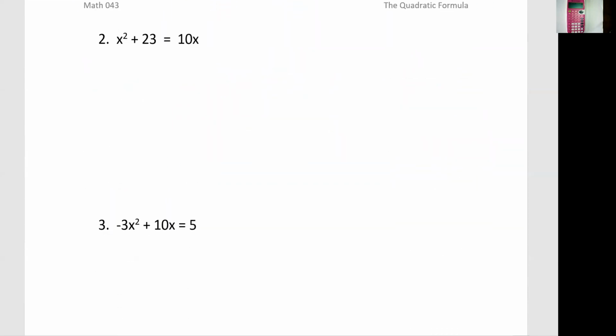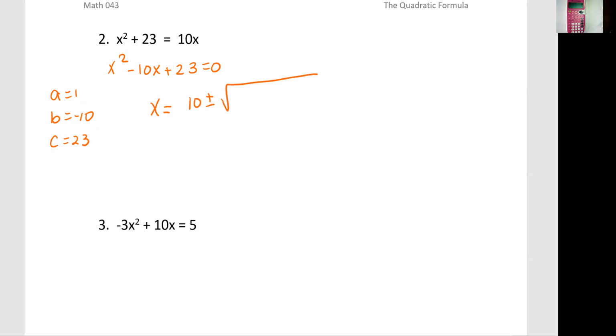Example number 2 is a quadratic. It must be equal to 0. So let's subtract 10x from both sides. And substitute the values into the quadratic formula. Negative b, so that'll be 10 plus or minus the square root of b squared.